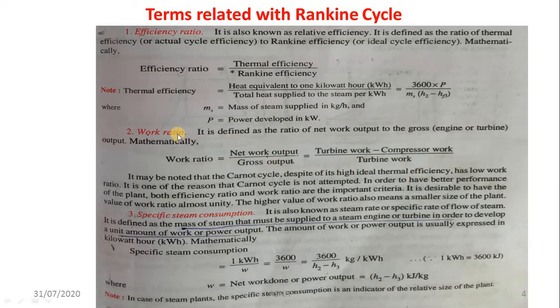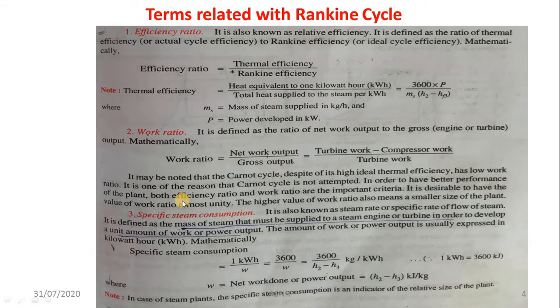So the work ratio is the net work output upon gross output, that is, turbine work minus compressor work upon turbine work. We will get every parameter from the steam table while calculating the turbine work and the gross output.